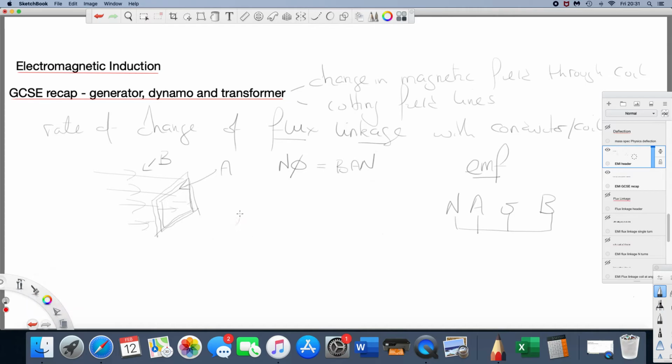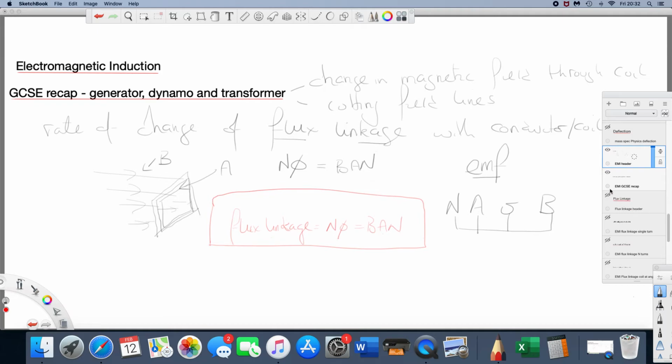So flux linkage, the total flux through the coil, equals N phi equals BAN. As we said before, phi is BA. The total flux through the coil of N turns is BAN; flux linkage is N phi.